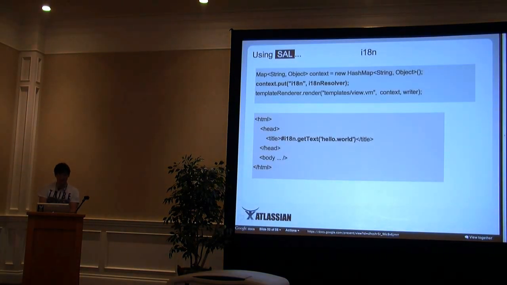Again, we're using the template renderer to render the template, passing in the template we want to render, the context, which contains the I18N resolver, and some sort of writer, maybe just a response writer if it's a servlet. And then we're invoking the getText method on that I18N object and passing in the key that we want to display. And that will nicely internationalize text based on the user's locale. So you don't actually have to interact with the user's locale at all yourself here. That's all handled by the I18N resolver behind the scenes.